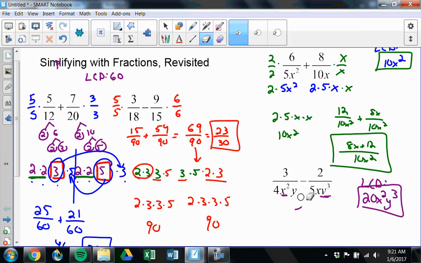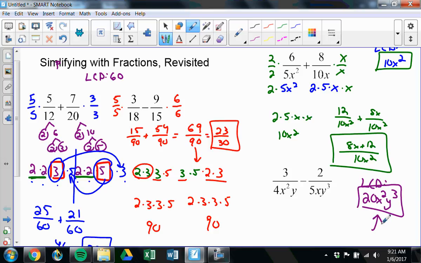So what I need to do now is make each denominator look like 20x squared y to the third. So the right side needs a 5 and 2 y's. The left side needs a 4 and an x.